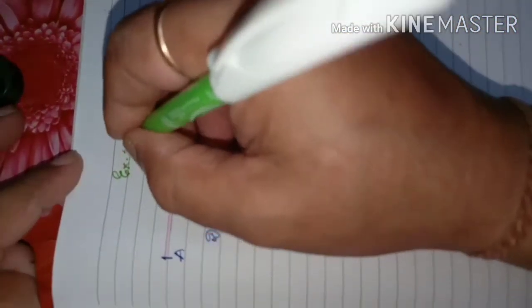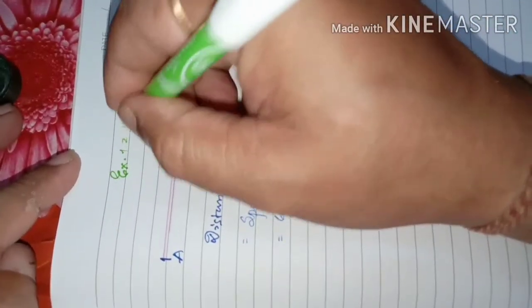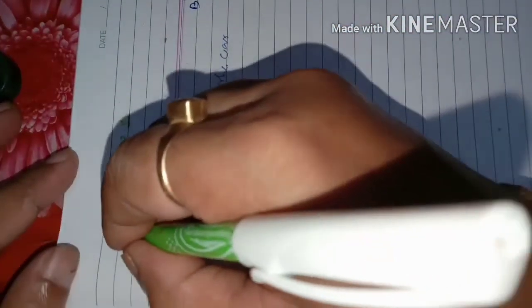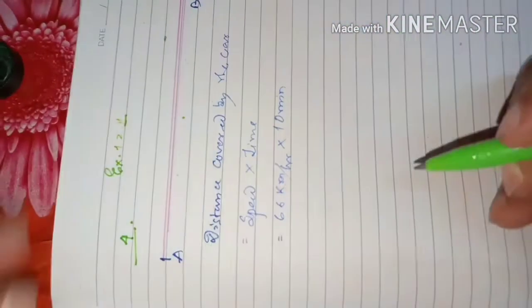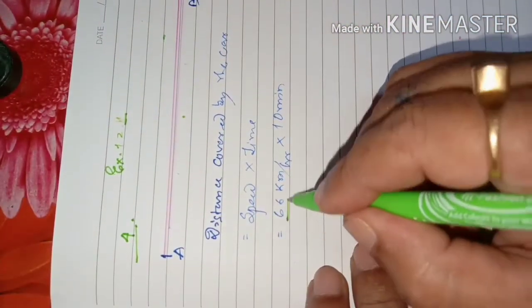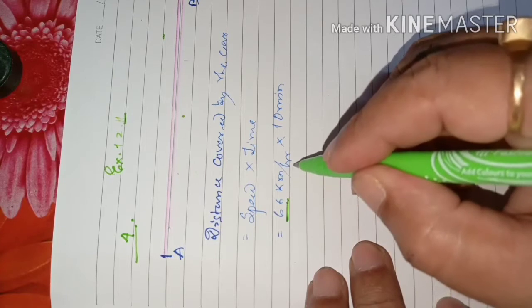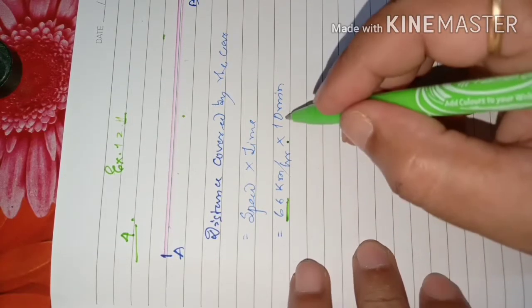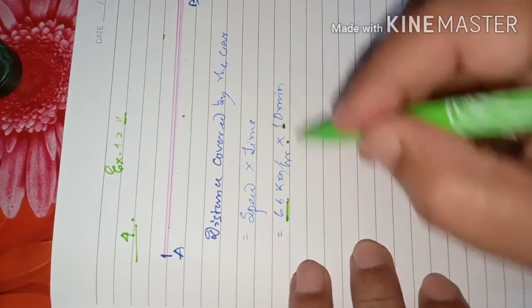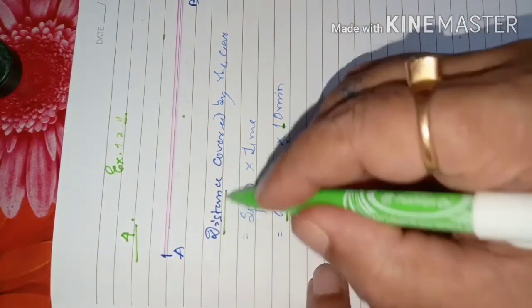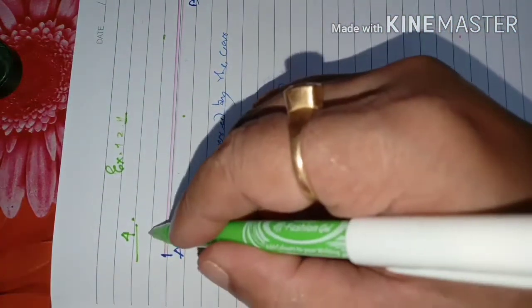So we are solving exercise 12.1, question number 4. Speed of the car is 66 km per hour and time taken is 10 minutes. In 10 minutes, how much distance will it cover? Distance we are calculating.